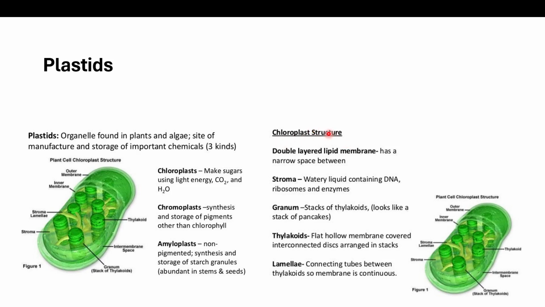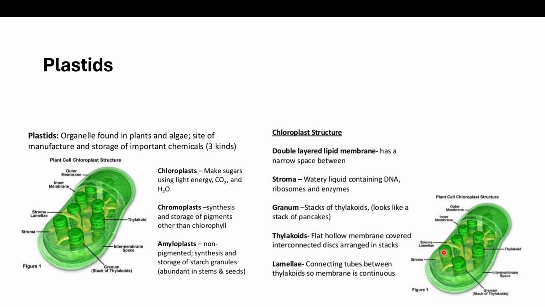If we talk about the chloroplast, it has a double-layered lipid membrane with a narrow intermembrane space between the layers. Then there's the stroma. This complete part is the stroma, which is the watery liquid containing DNA, ribosomes, and enzymes. Then there's the granum. These are the cylindrical tubes that we see, like stacks of coins, or maybe a stack of pancakes.